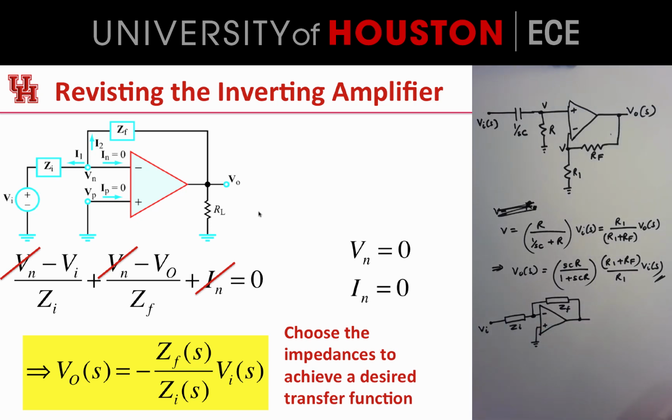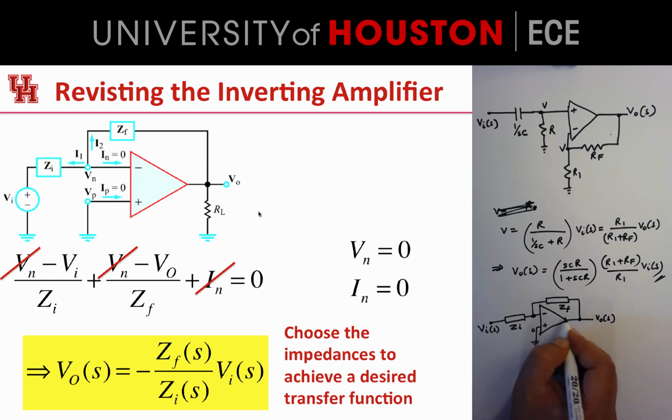Now, this circuit gets analyzed much the way as any of the resistor-based circuits, except we do everything in the complex domain. That's the only thing. So we have VI of S on this side. ZI is a complex impedance, ZF is a complex impedance, and the rest is more or less the same. So we know the voltage here, which is 0, because this guy is connected to ground.